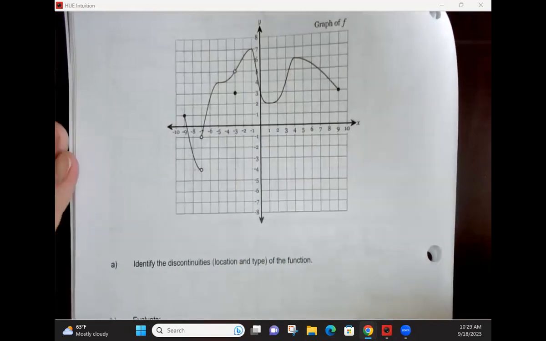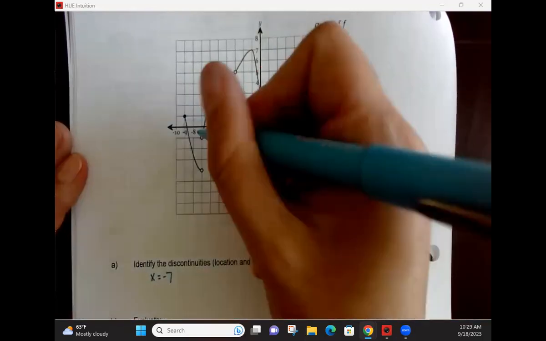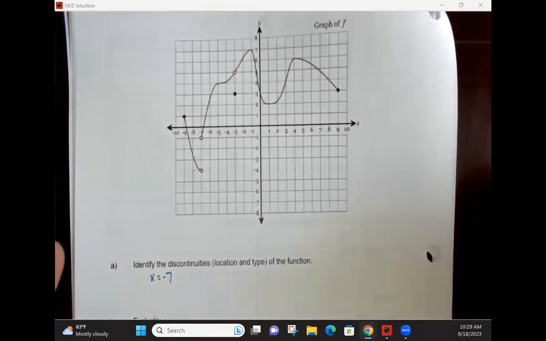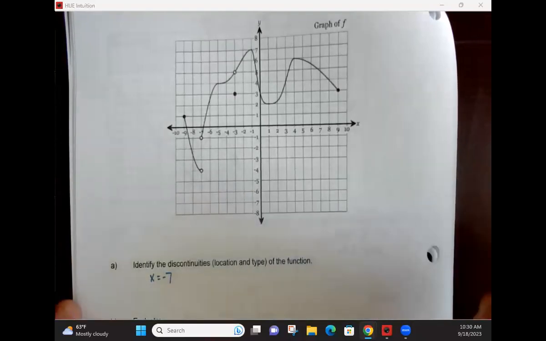Okay, discontinuities. Where do I have some discontinuities here in this graph? When x equals -7, we have a discontinuity. What kind of discontinuity? I can see why you would say hole.